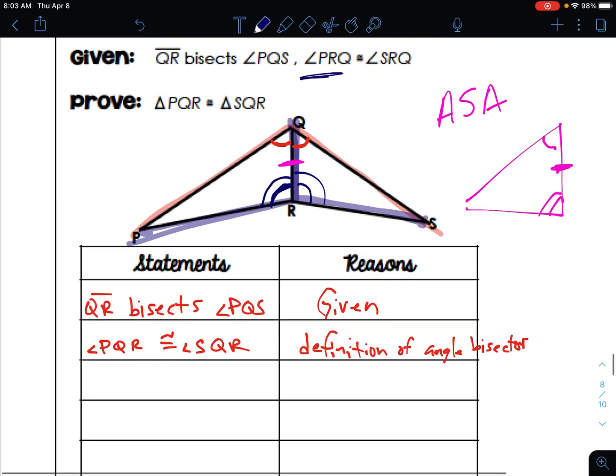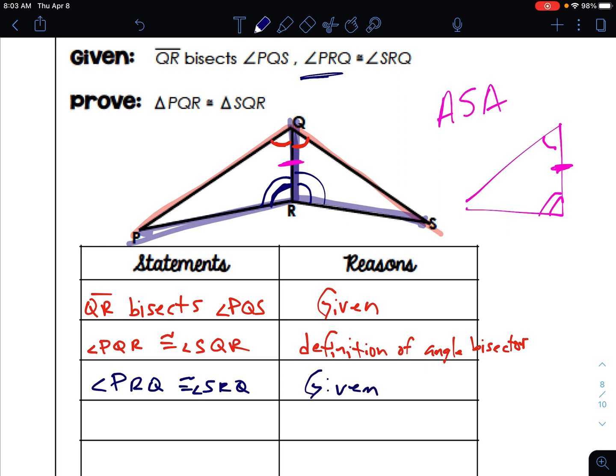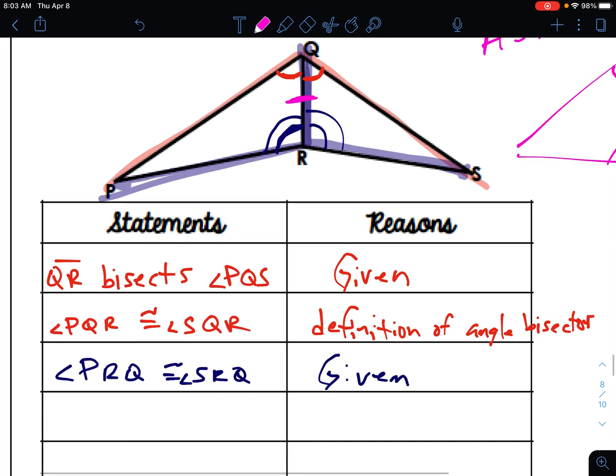Okay. Then we were given the other angle, so angle PRQ was congruent to angle SRQ, given. And the pink came from the reflexive property saying QR is congruent to QR.